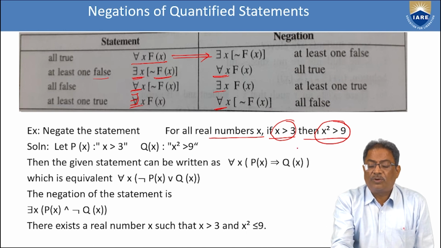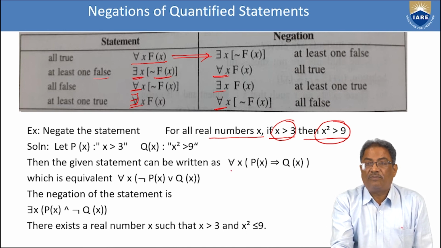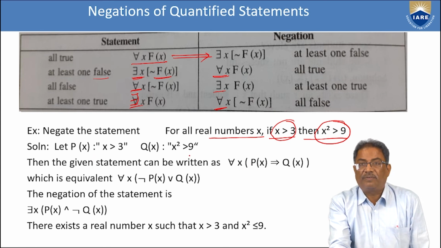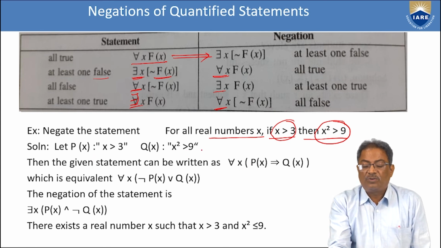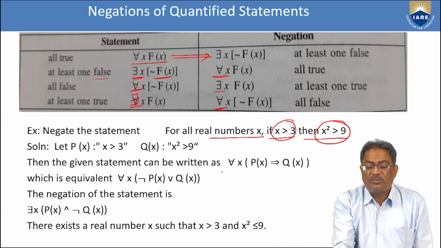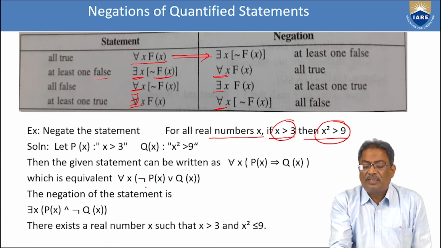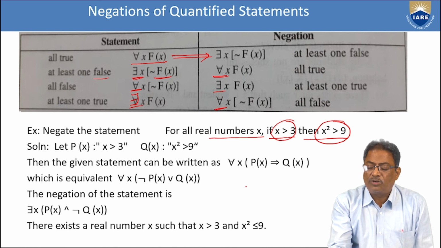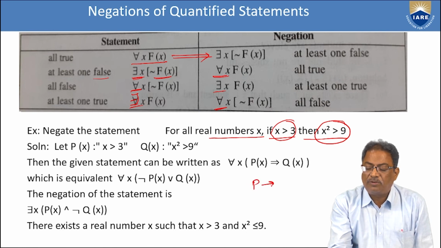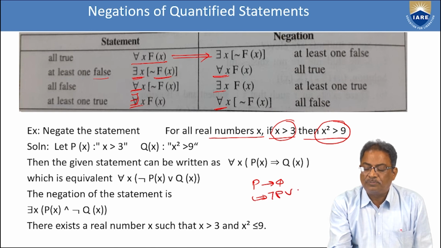The statement we write is for every x, p of x then q of x, which is equivalent to, with p to q equivalent to negation p or q.